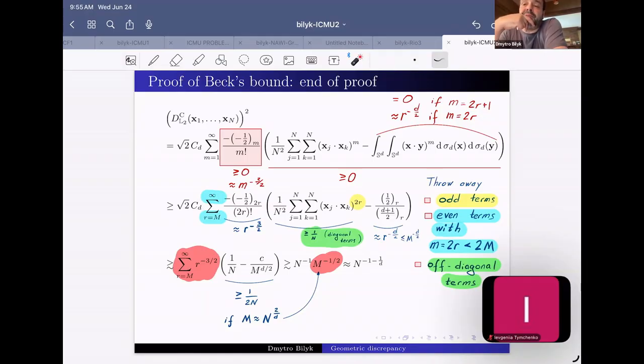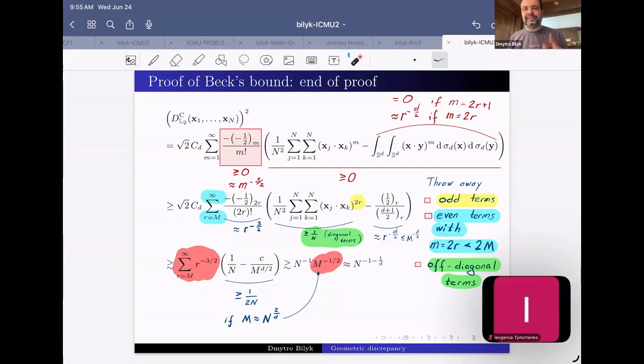So that might not be so lossy because for symmetric sets this is 0 anyway. Now you've thrown away even terms up to some number m, where m is of the order n to the 2 over d. Okay, that's a little bit more interesting.